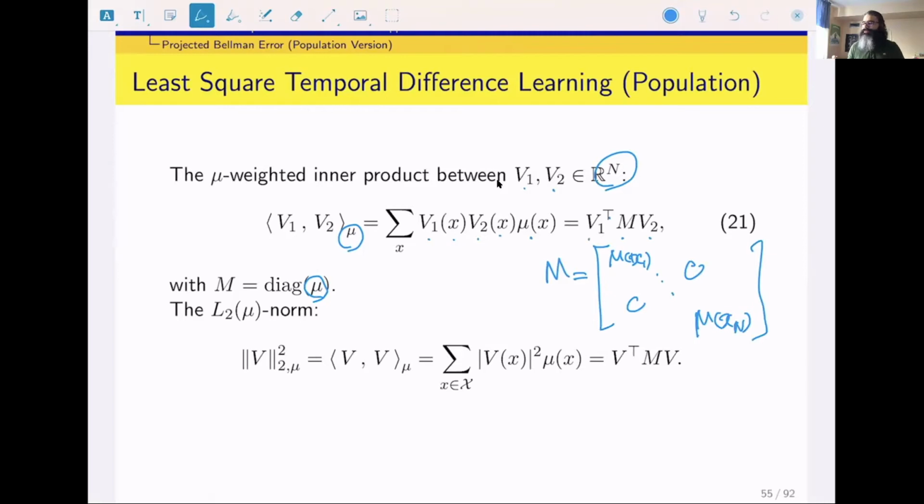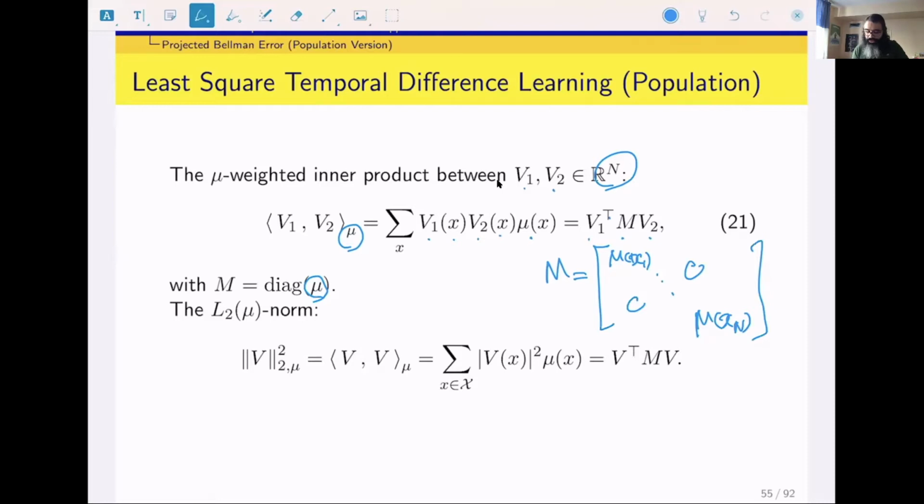And if you're not sure why this is the case, I guess the easy way is just to write the definition of the matrix product and notice that if M is diagonal, only the same indices of v1 and v2 would be chosen. I guess it's best to write it down yourself.